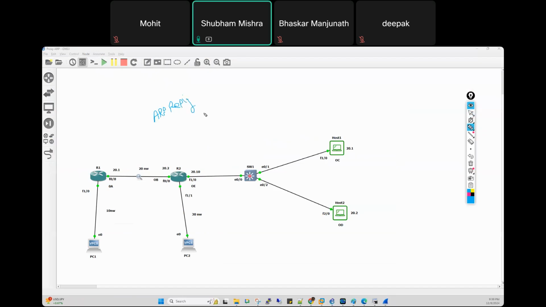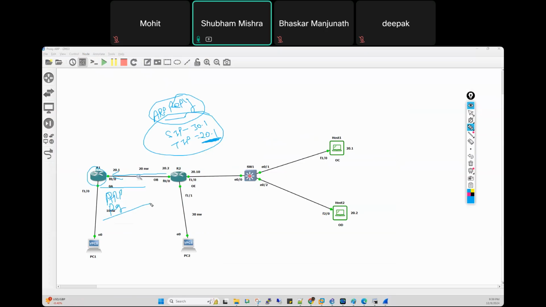In the ARP reply, the source IP is 30.1 and the target IP is 20.1. It means this router is generating the ARP reply for 20.1. For whom is this router sending? It is replying to 20.1, right? Because R1 sent the ARP request.